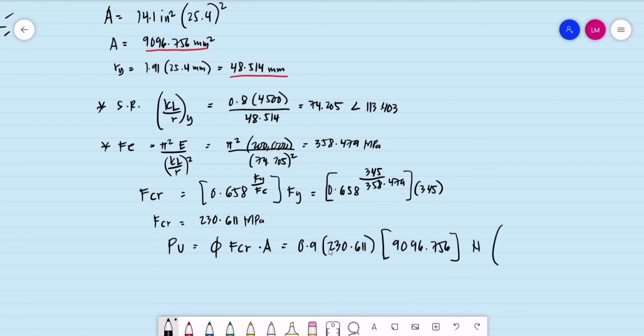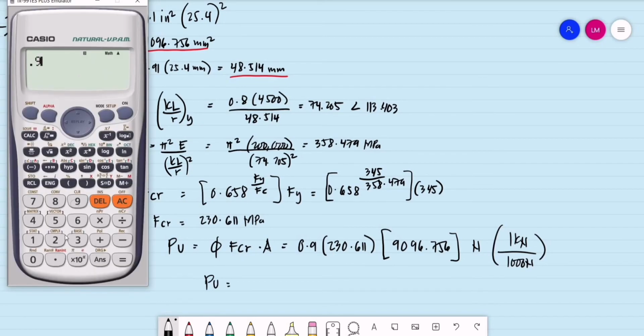So to be multiplied by 1 kilonewton to 1,000 newtons. So P sub U is now equal to 0.9 of 230.611, then the area of W14 by 48, 9,096.756, then to be divided by 1,000.